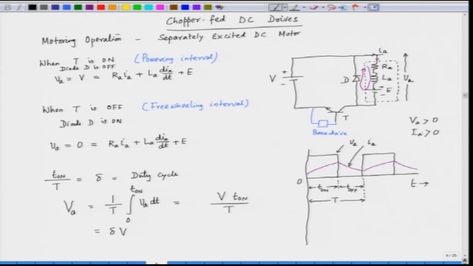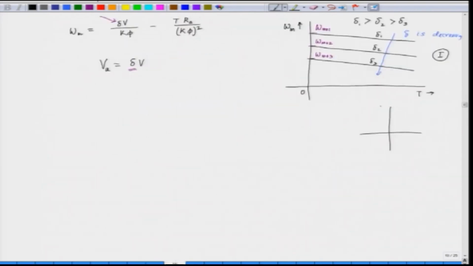So, this chopper or DC to DC converter only operates in one quadrant, quadrant number 1.